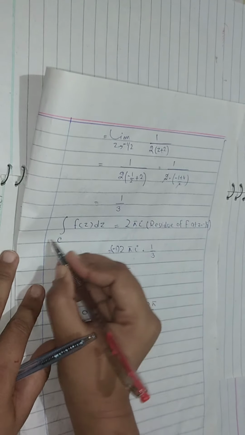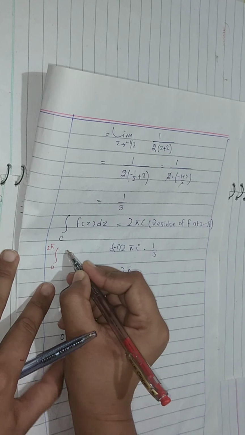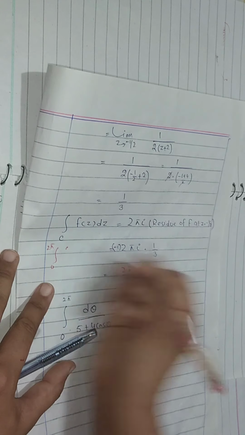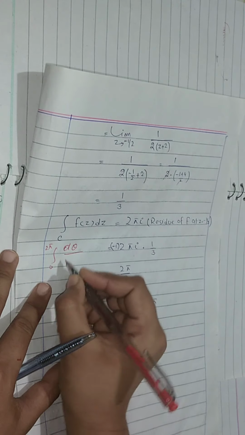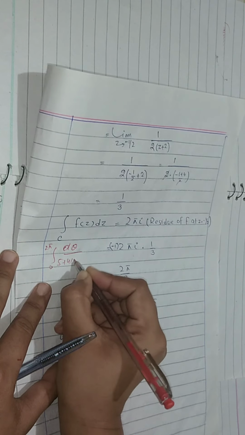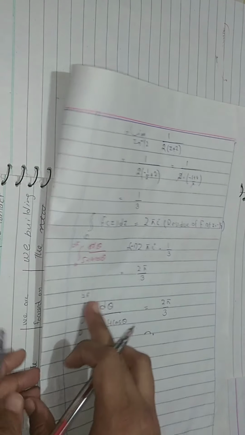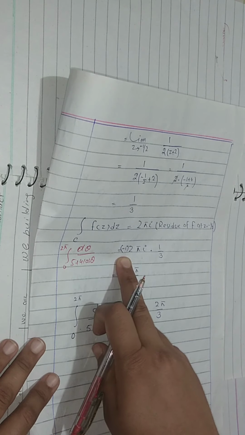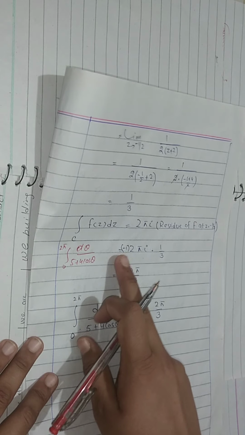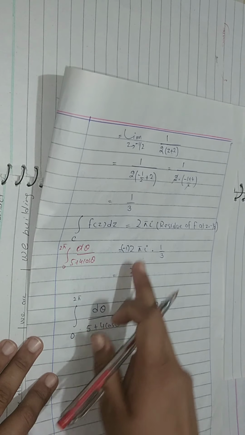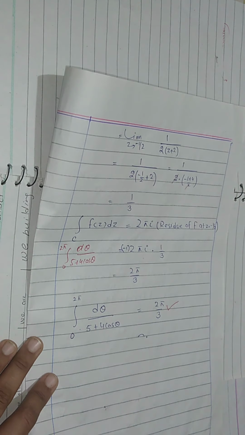Our integral from 0 to 2 pi d theta over 5 plus 4 cos theta is equal to the factor minus iota times 2 pi iota times 1 by 3. So iota into iota is iota square, minus into minus is plus 1, giving 2 pi by 3. So the integral from 0 to 2 pi d theta over 5 plus 4 cos theta is equal to 2 pi by 3.